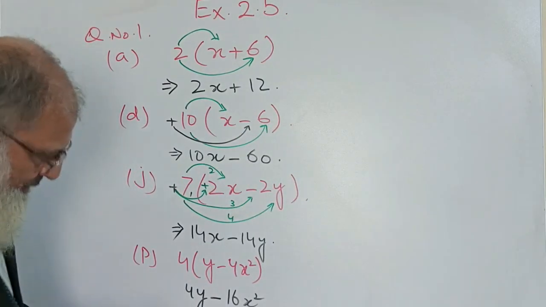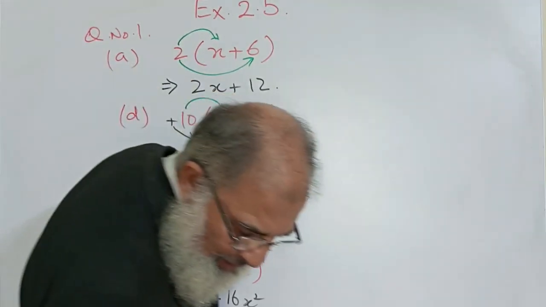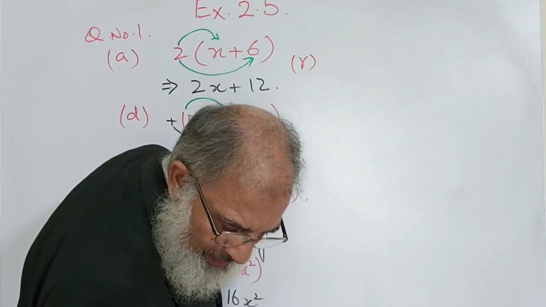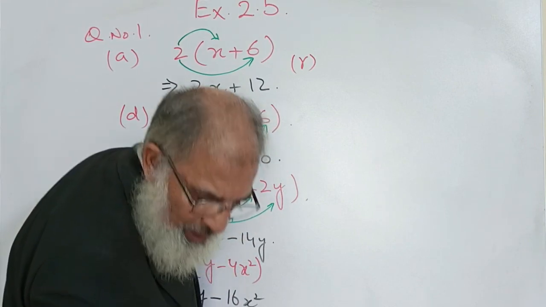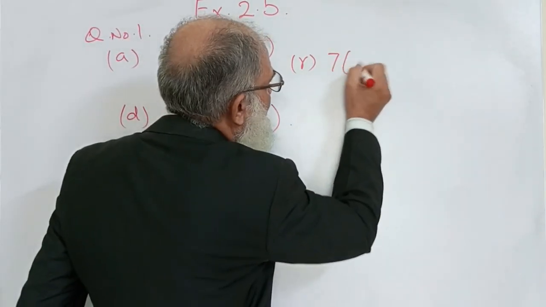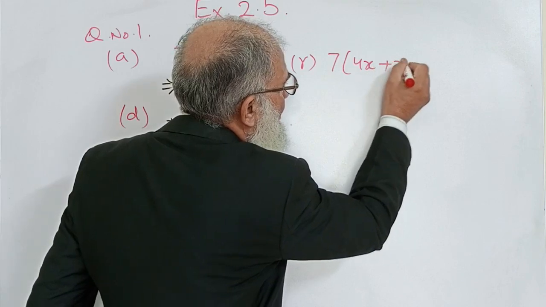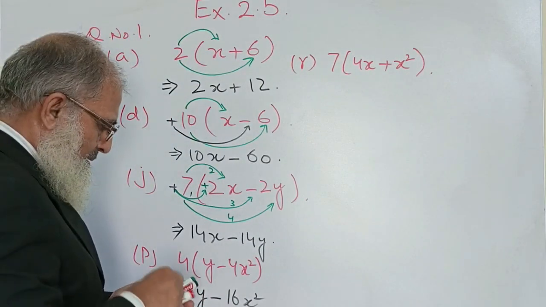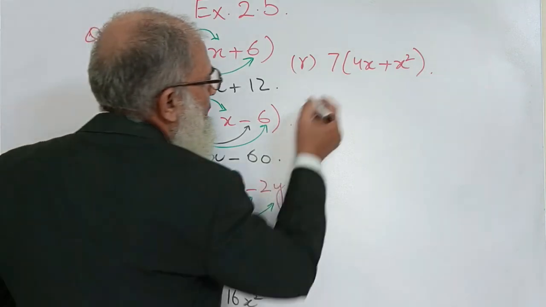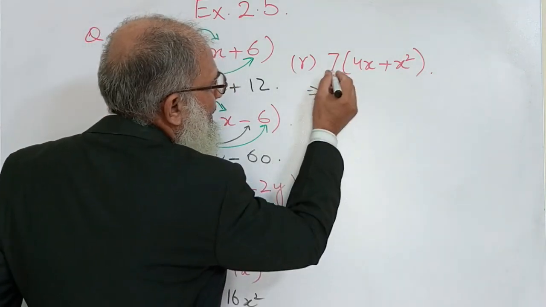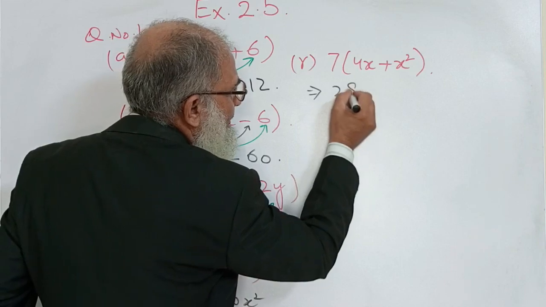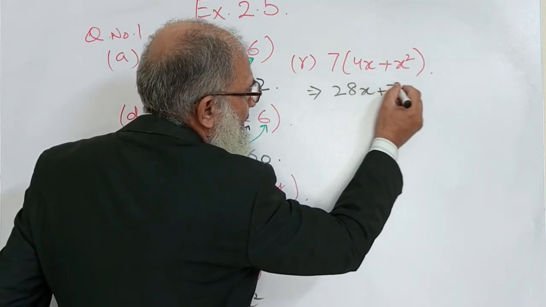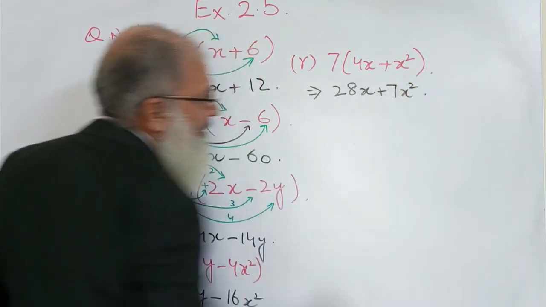And the last part of the question is r, 7x times 4x and x square, 7 times 4x and x square. Now dear students, very easy again. 7 times 4 is 28x, and 7 times 1 is 7 and x square.